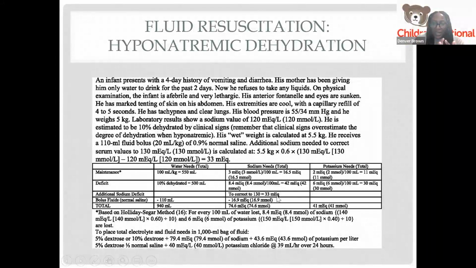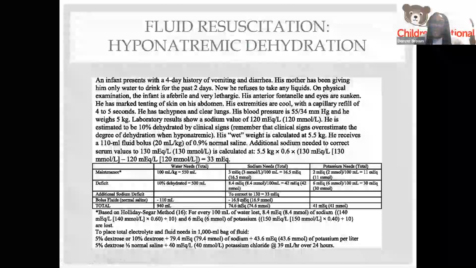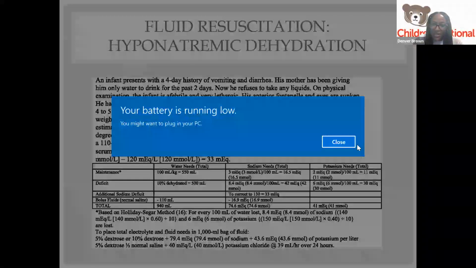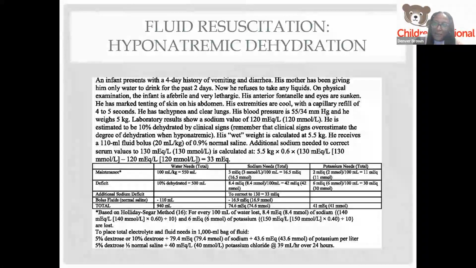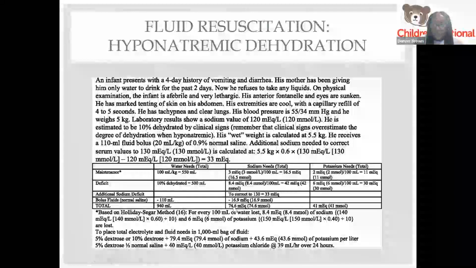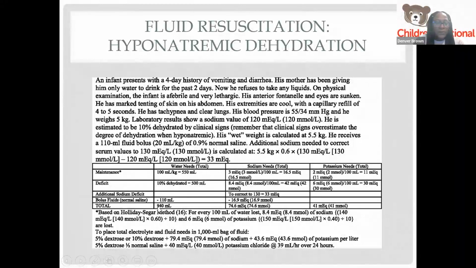Before we can add everything up, we have to remember he got a normal saline bolus and we want to subtract that out. And so those 16 milliequivalents of sodium he got in his bolus, we subtract that. And that means in a 24-hour period, this patient needs 74.6 milliequivalents of sodium with 940 mLs of water.